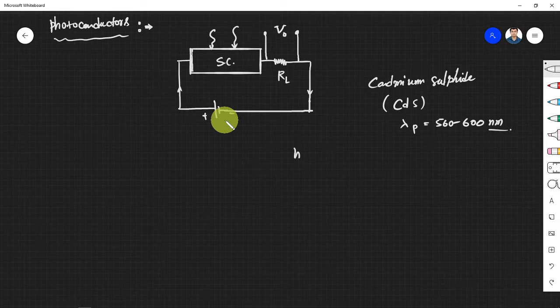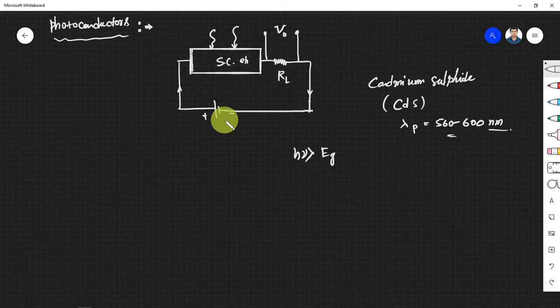If the photon's energy is greater than the band gap of the semiconductor, which for this particular cadmium sulfide corresponds to around this wavelength, these photons will get absorbed in the semiconductor and create an electron and hole pair.